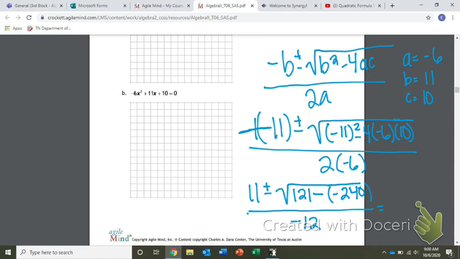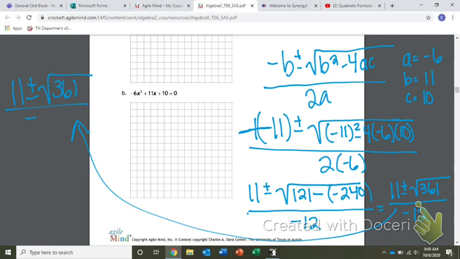If we keep going, we have 11 plus or minus the square root. If you simplify that, 361 over negative 12. Can keep going, but I'm going to have to move over here. So we have 11 plus or minus the square root of 361 over negative 12.